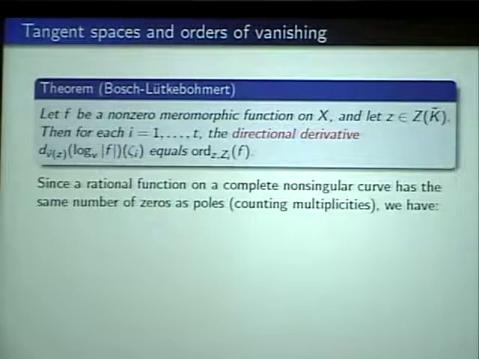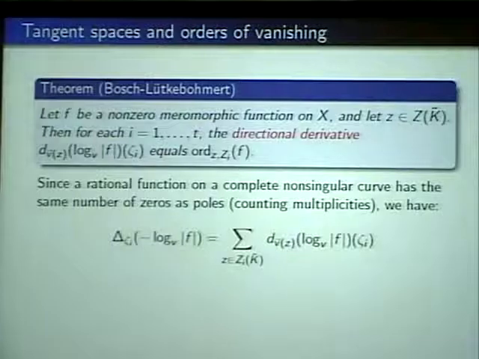Since a rational function on a complete non-singular curve has the same number of zeros as poles, counting multiplicities, what does this tell you? It tells you that if I take the Laplacian at this point zeta_i of minus log absolute value f, that's the sum over all closed points of Z_i of the derivatives of this function in all those different directions, right?